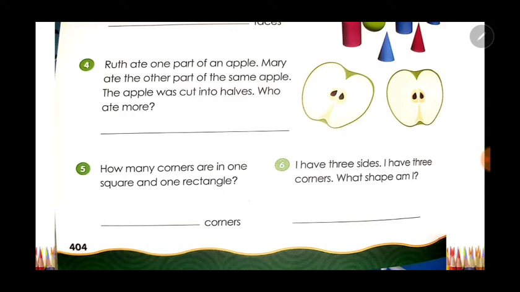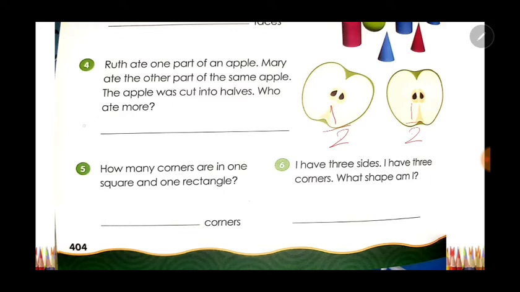So when I cut the apple, I have 2 halves. Here is a half and here is a half. So Ruth ate 1 part and Mary ate 1 part, and both parts are halves. Who ate more? Yes, excellent. They ate the same because both parts are half.